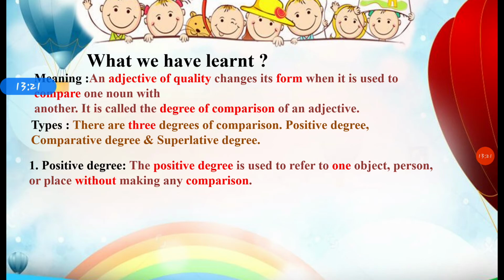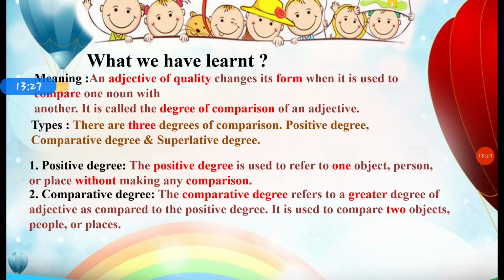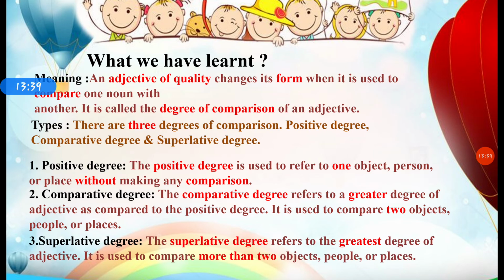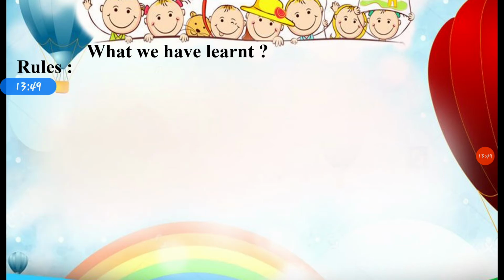The positive degree is used to refer to one object, person, or place without making any comparison. Comparative degree refers to a greater degree of an adjective as compared to the positive degree. It is used to compare two objects, people, or places. The superlative degree refers to the greatest degree of an adjective. It is used to compare more than two objects, people, or places.